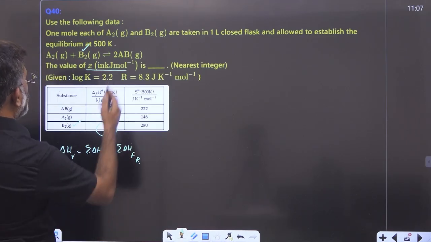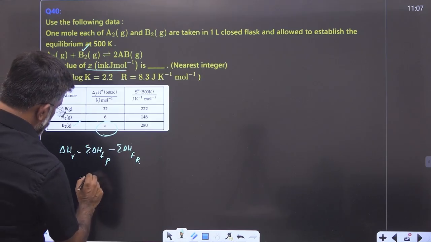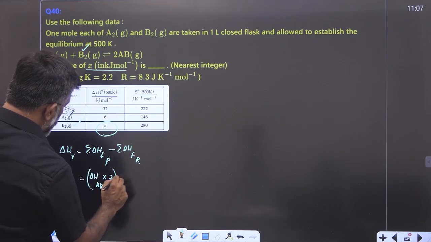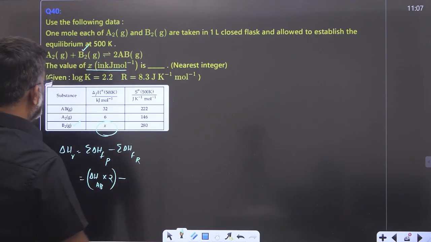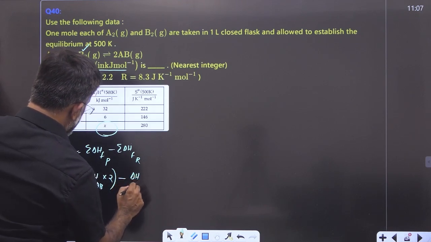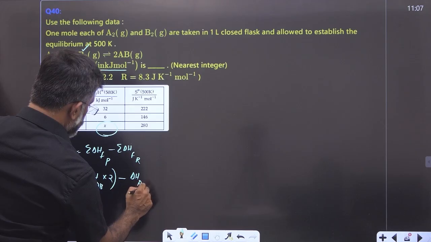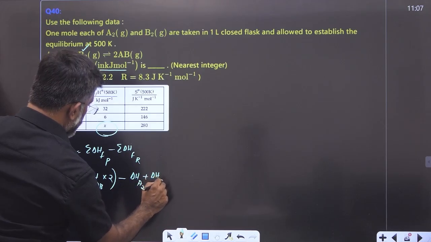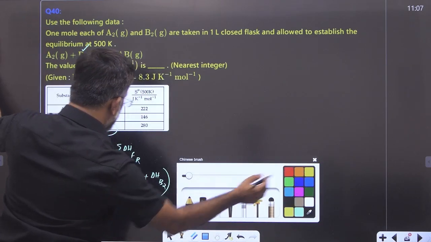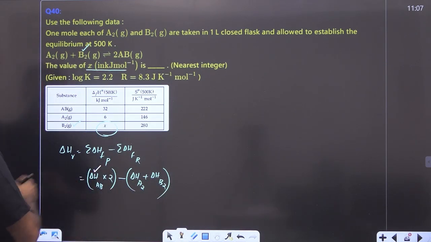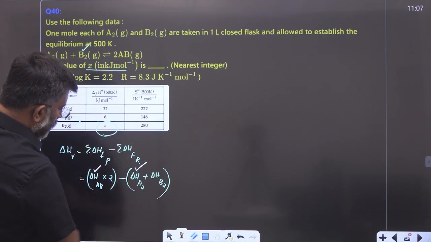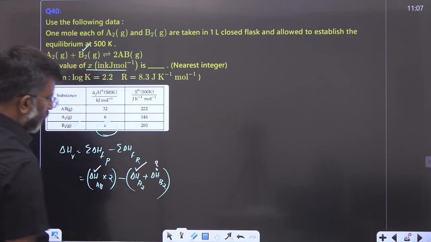And that is equal to, for the product AB, delta H of AB into 2, minus the delta H of A2 plus delta H of B2. The AB value is available in the question, given as 32. This value is available in the question, 6. This is what we need to find out.